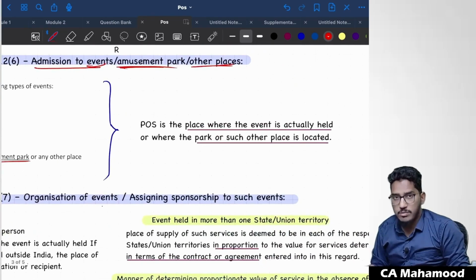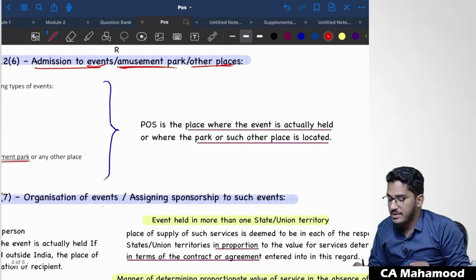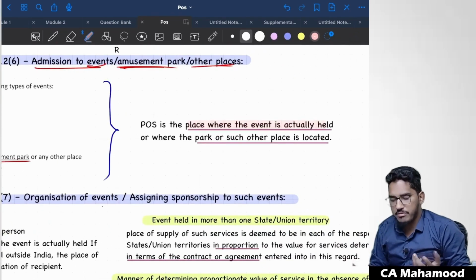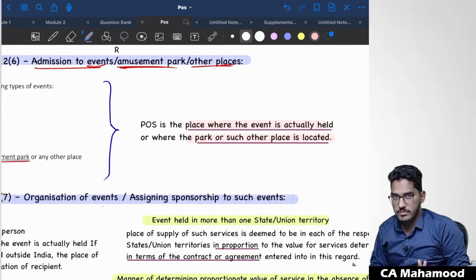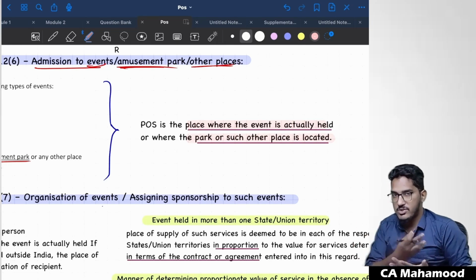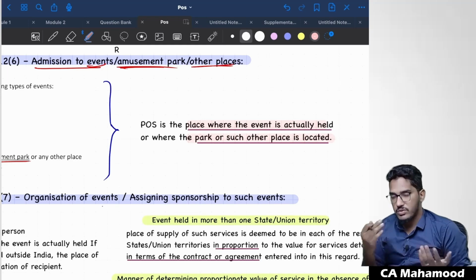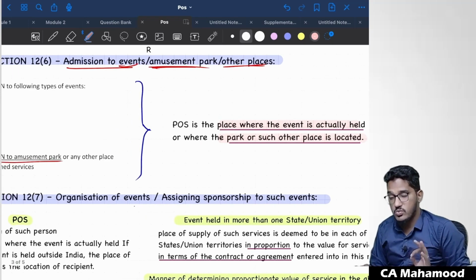The place of supply is very simple: the place where the event is actually performed, or the place where such amusement park or other place is located. Wherever that event is happening, that will be the place of supply. Wherever that amusement park is located, that will be the place of supply. This is what 12 subsection 6 is telling.